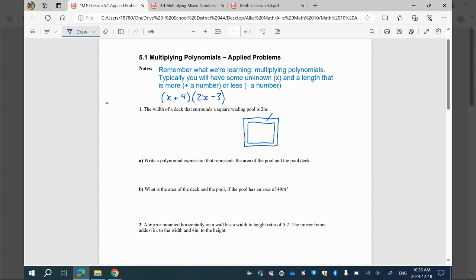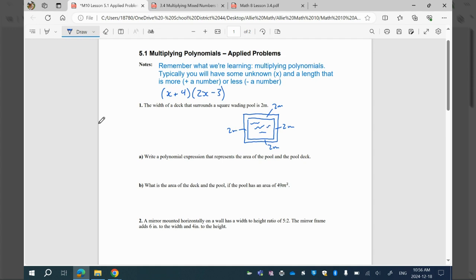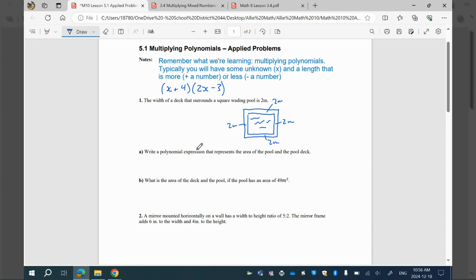So that's 2 meters, 2 meters, 2 meters, 2 meters, and here's our little pool right there. Write a polynomial expression that represents the area of the pool and the deck.